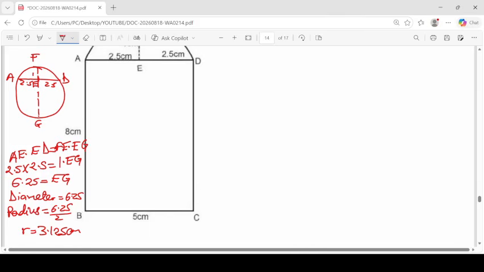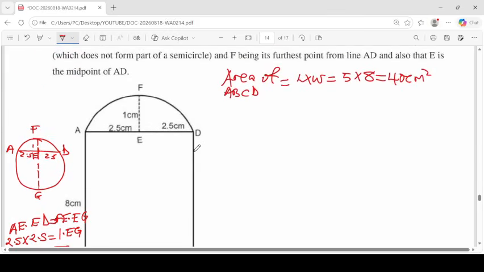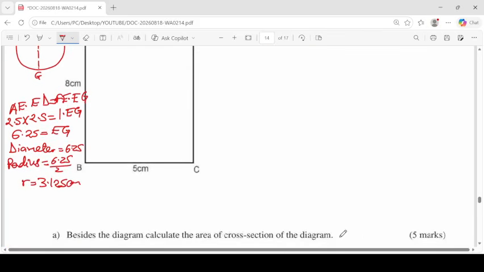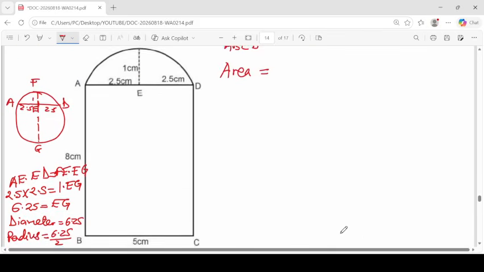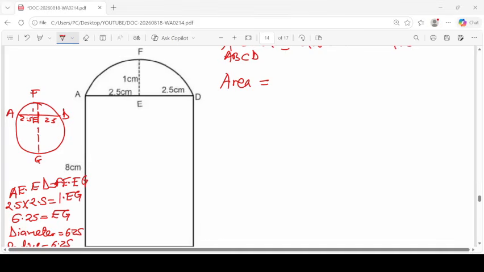Now, after that, we can calculate the area of the semicircle. The area of this semicircle now, after getting the radius, remember we have the radius obtained here, we are now going to calculate the area of this semicircle.